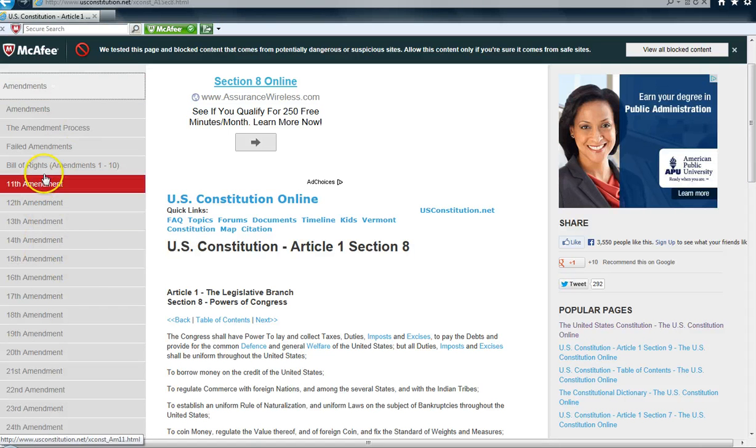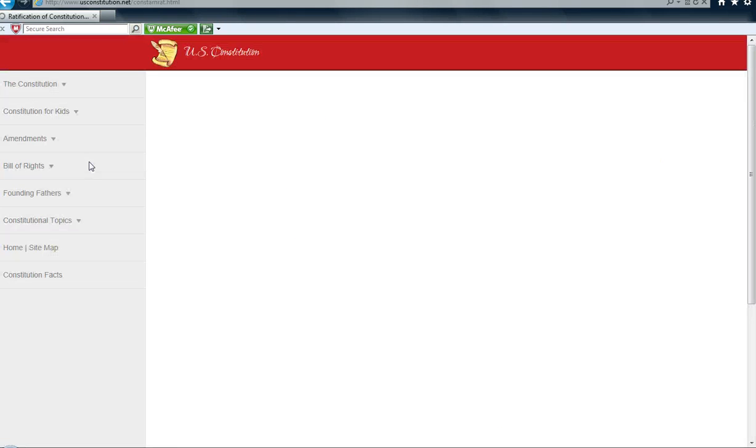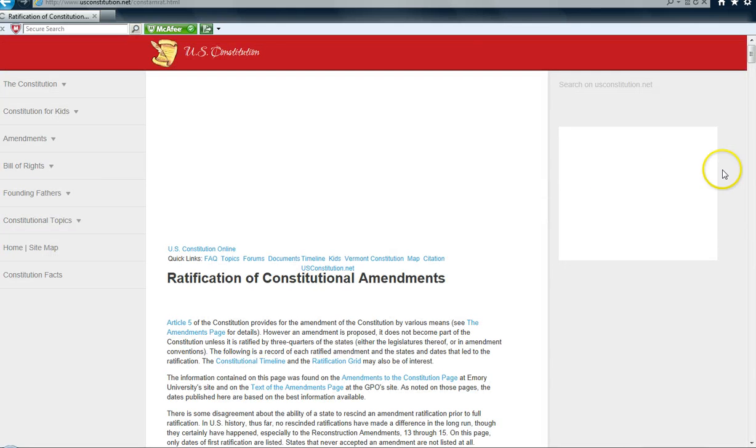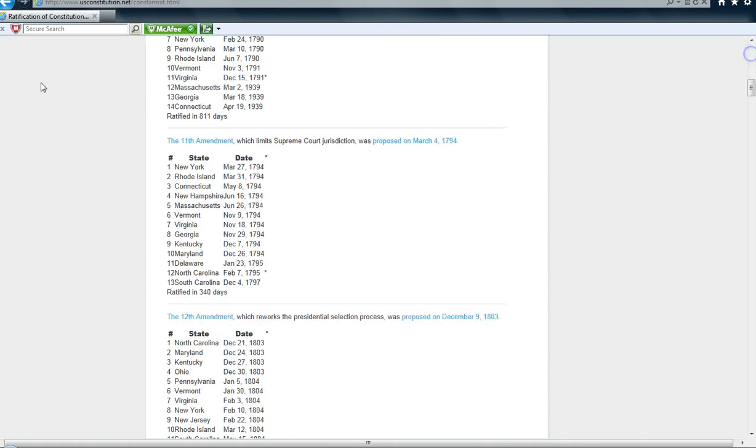And many people cite the 10th Amendment as something that clearly limits the power of the federal government. We can get over here to the amendments. Oops, that is not the link that I wanted.